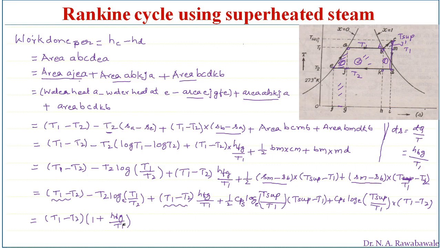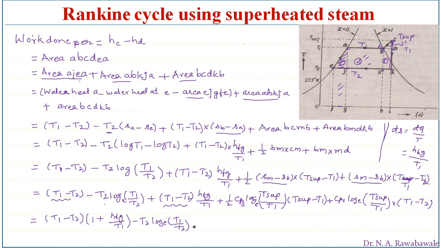Then coming to T2 log T1 divided by T2, we write it as it is, minus T2 log to the base e of T1 divided by T2.